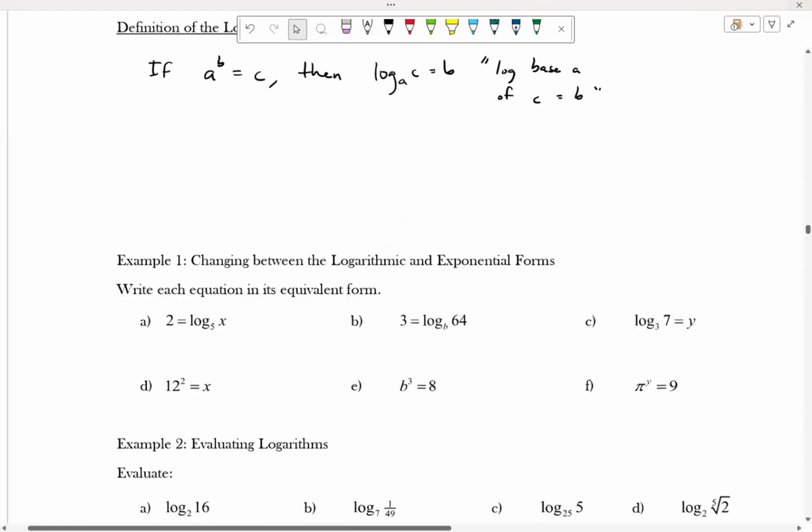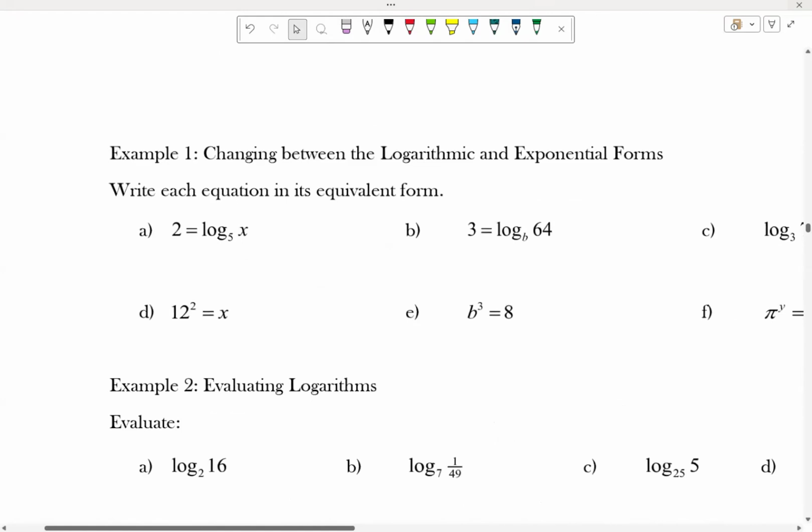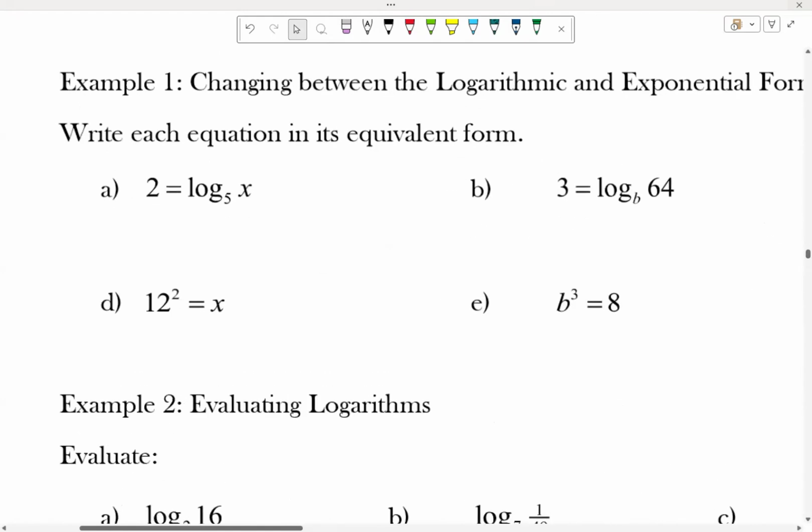So let me talk about how to do these. We're going to rewrite each equation in its equivalent form. A, do you see what the base is for this statement? It's 5. So I'm going to start with 5 in my exponential. The bases are the same. So it's going to be 5 to the second power equals x.